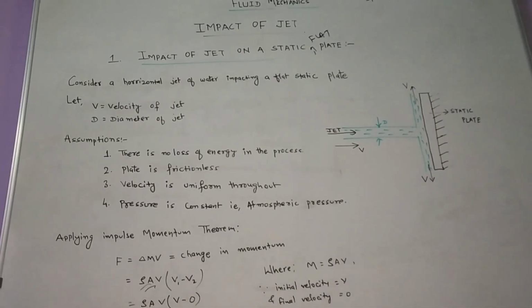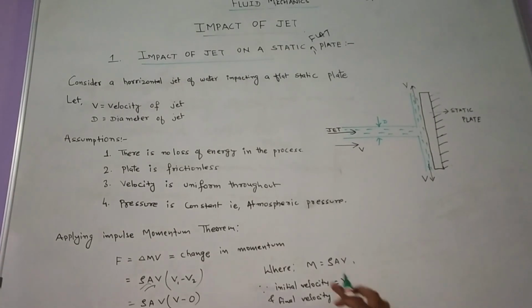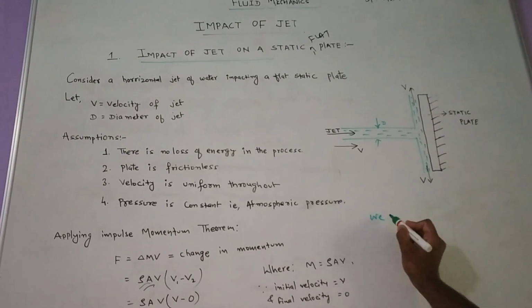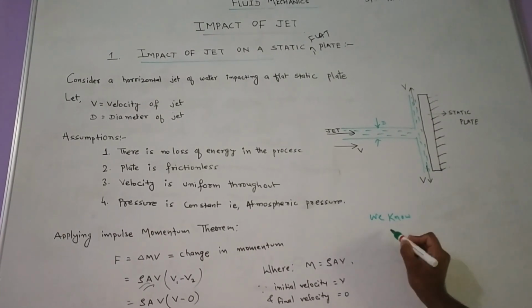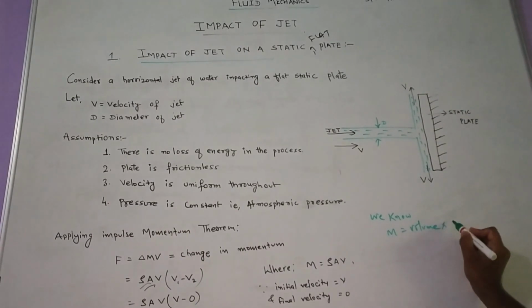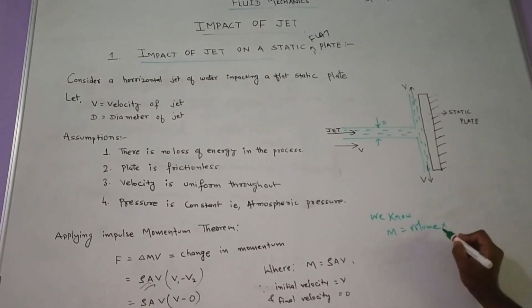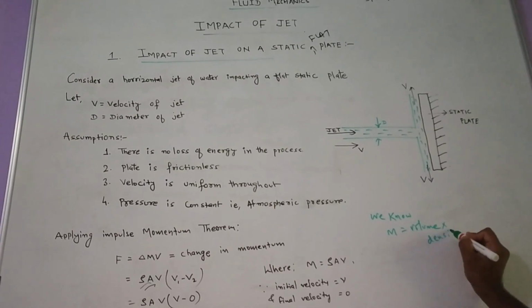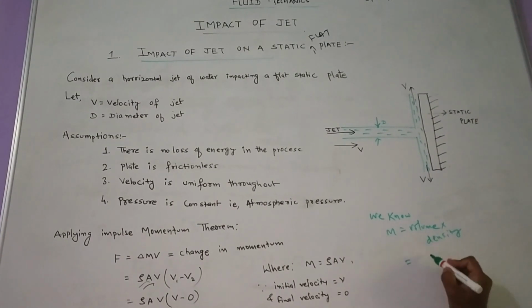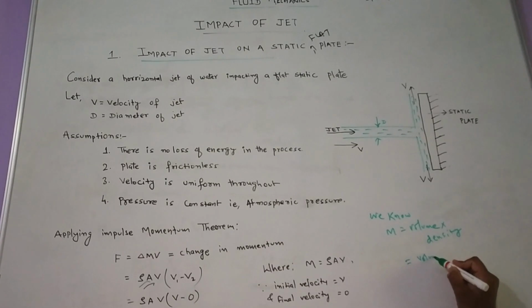So where does this M is equal to rho av come from? Let's revise it, as we know that we have done it before also. So here we can write it as, we know that M is equal to volume into density. Now volume can be written as volume per second.